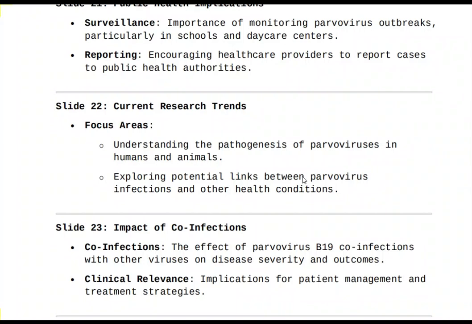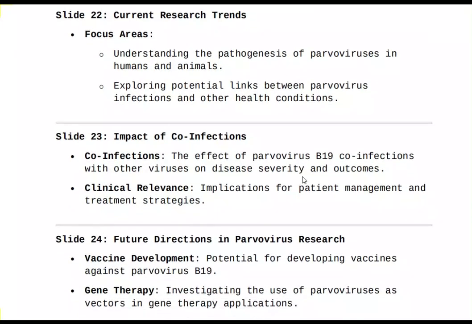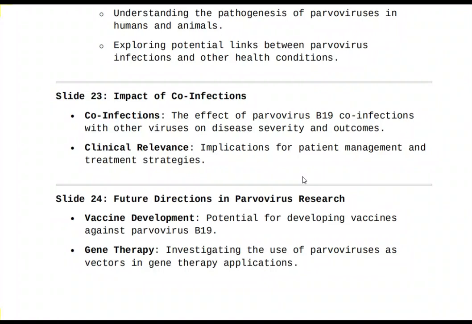Public health implications: similar to other viruses, surveillance and reporting is necessary. Focus areas include pathogenesis, how it infects humans and animals, and potential links among different infections, including parvovirus co-infections with other viruses and their effect on severity and outcomes.